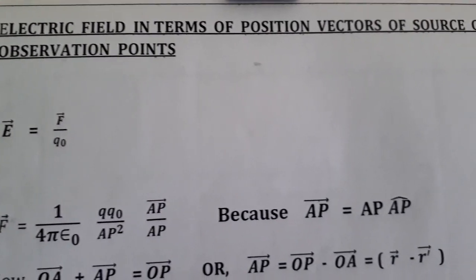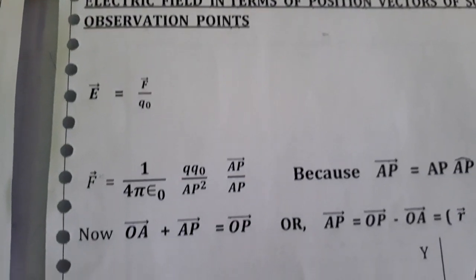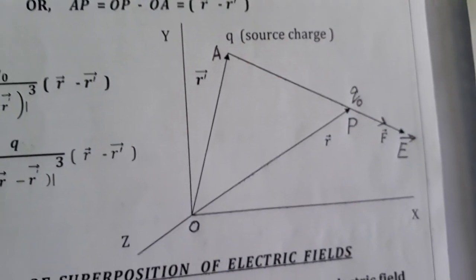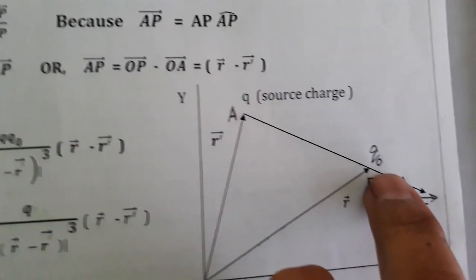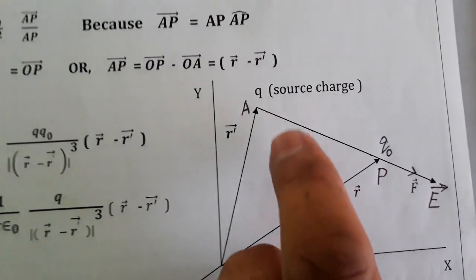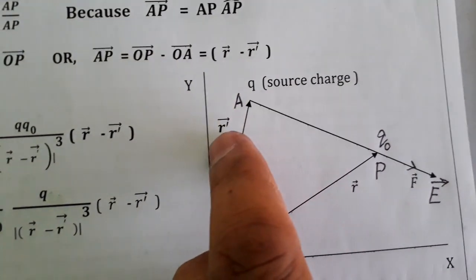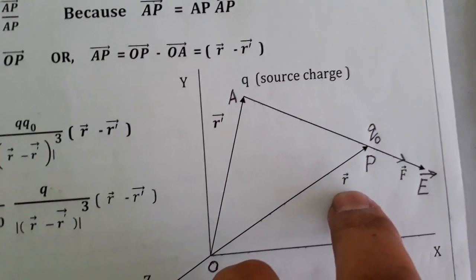Now coming to learn the electric field in terms of position vectors of source charge and observation point. First of all you will have to see this figure. This is a source charge, this is a test charge, with position vector r dash and its position vector is r.